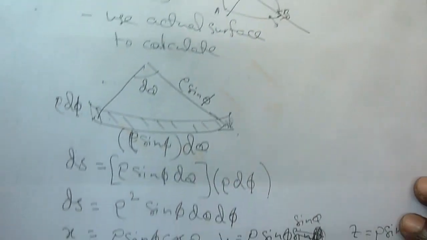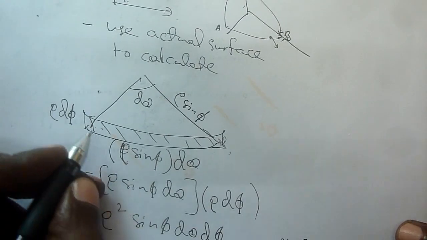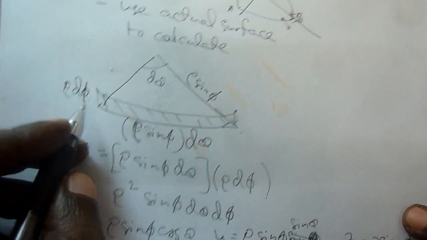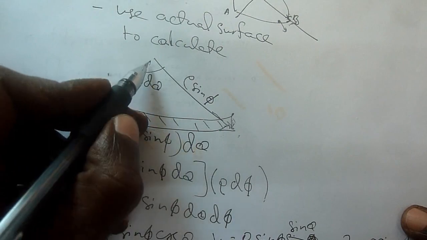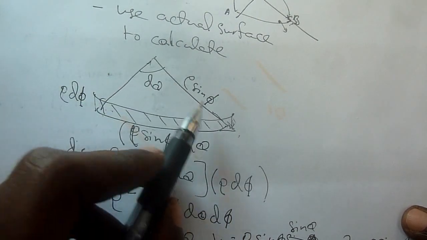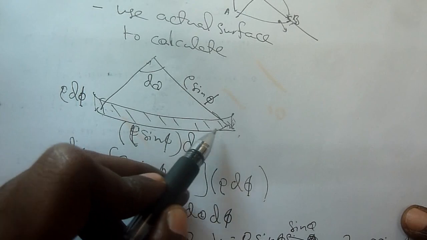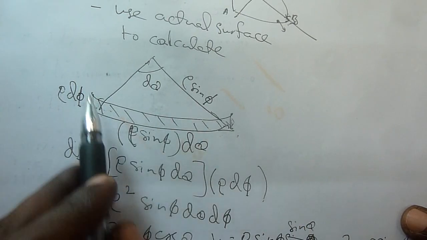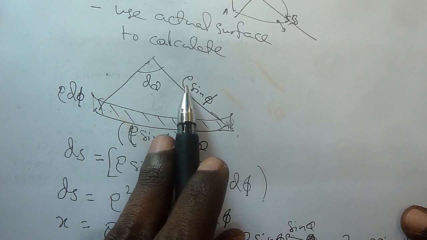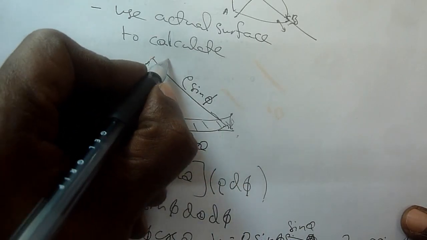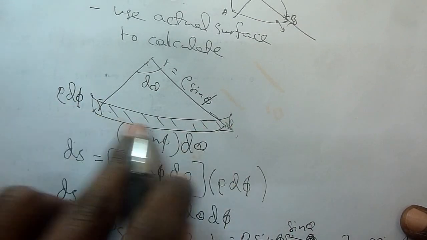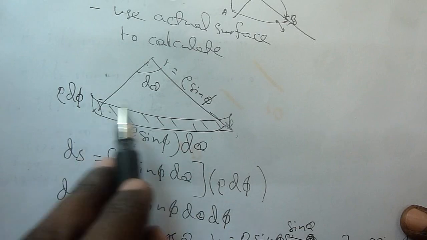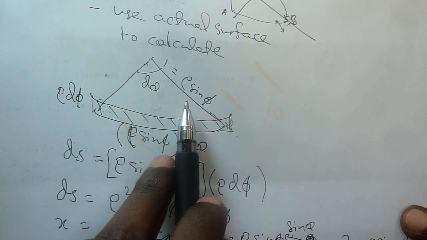I explained how to find the surface of the spherical, and we have done this several times. This is a horizontal portion of the sphere, and for horizontal we need to use rho sine phi as our R. If I sketch the whole thing, this is a revision again, please refer to the revision.